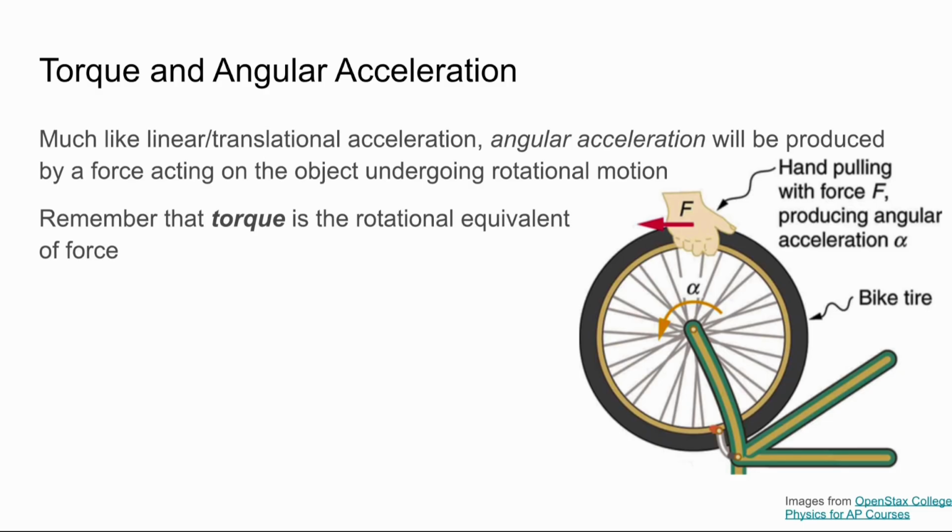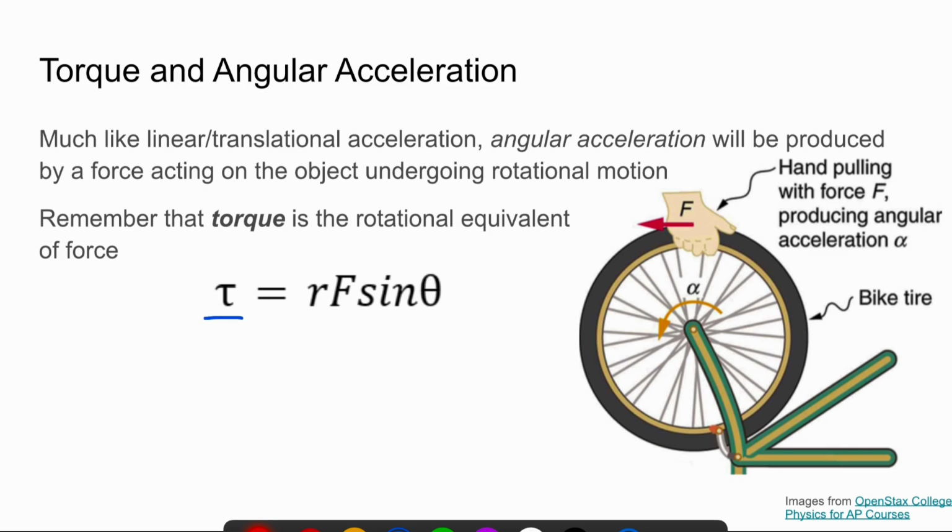Torque is the rotational equivalent of force, and we can find it with this equation: tau, or the torque, equals r, the distance from the axis of rotation at which our force is being applied, times the magnitude of that force, times the sine of the angle between those two vectors, the distance and the force vectors. If we have an r vector right here, and our force is acting like that, then our angle is a 90-degree angle.